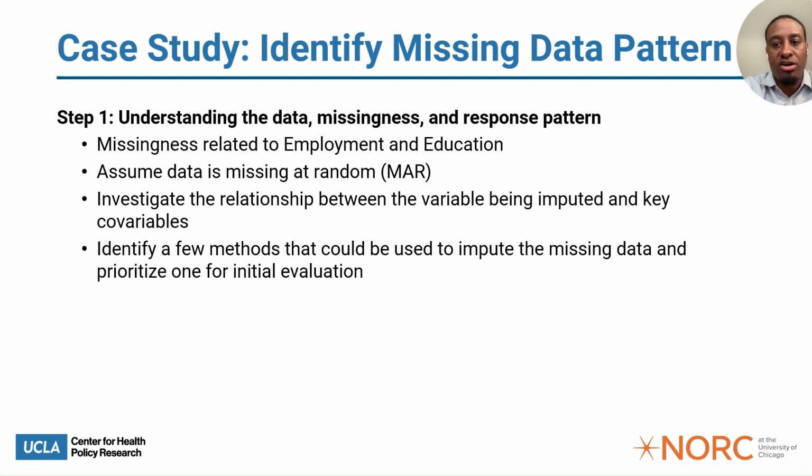We will assume that income is missing at random, which, as we discussed, means that the missingness on income can be explained by other variables we observed, in this case, education and employment status. With that assumption in place, our next step would be to investigate the relationship between income and these covariates to help us identify and prioritize a specific imputation method.